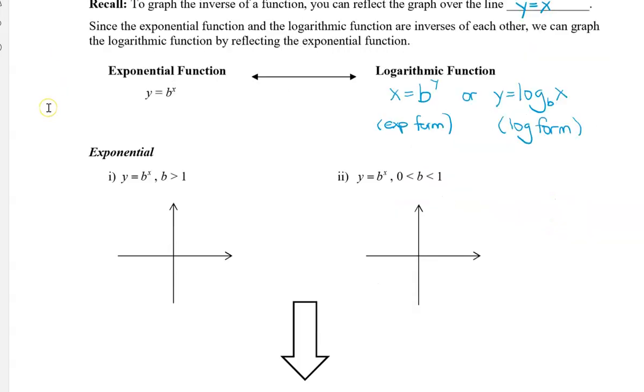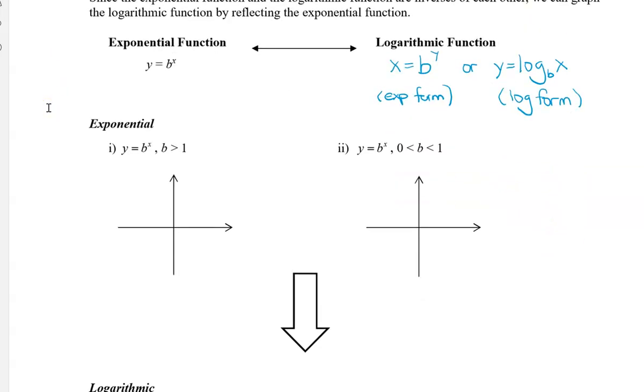Okay, so I also want you to recall the exponential graph. The exponential graph looks like this. It starts at the bottom and it sweeps up, or it can start from the top and swoop down.